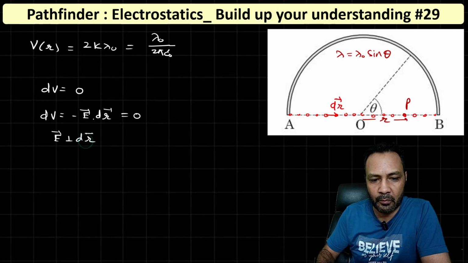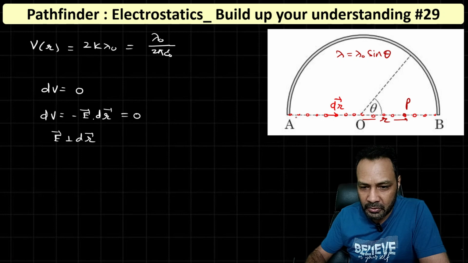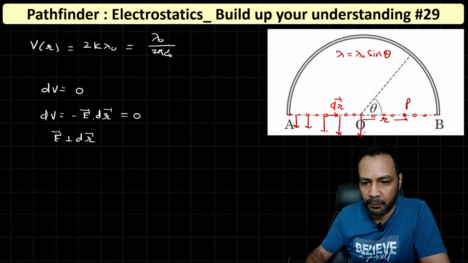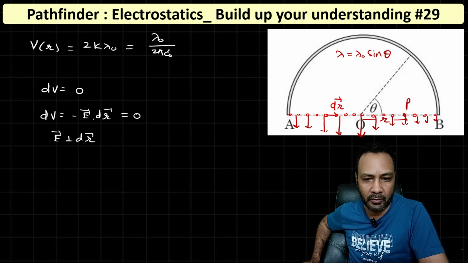So one very important interpretation of this result is that at all these points the electric field is going to be like this. I cannot comment upon the magnitude of that E, but I can certainly comment that the electric field at all the points on the diameter is going to be perpendicular to the diameter, and that's a very good result, and that enables us to make some question on the work energy theorem.